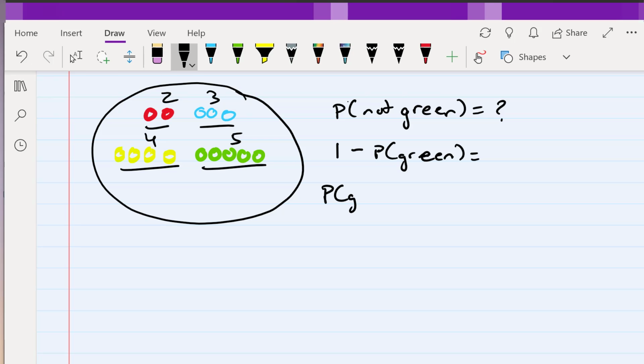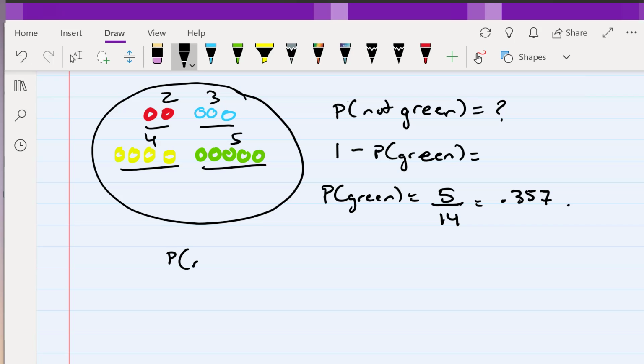So the probability of choosing a green is going to be the total number of green, which is 5, all over the total number of chips, which is 14. 5 divided by 14 is 0.357.